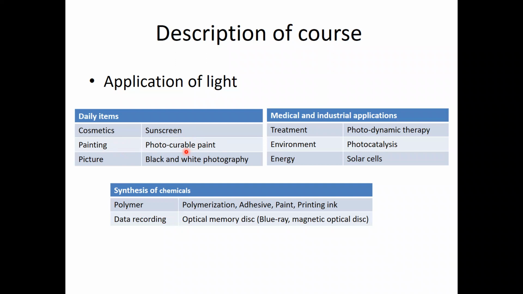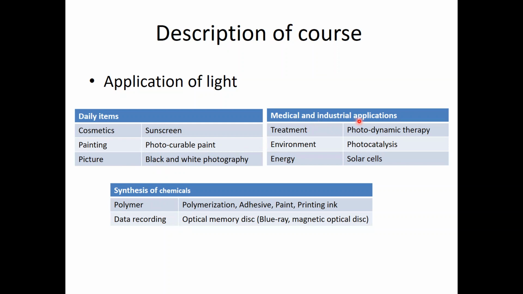To make it solid, we use a photochemical reaction, the photopolymerization reaction. And in old black and white photography, which you've never seen recently, the black coloring is possible by the photochemical reaction of silver. Silver nanoparticles are formed.